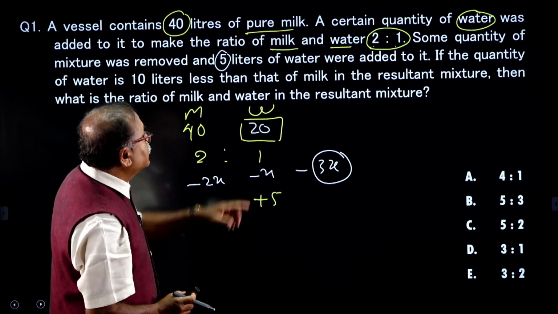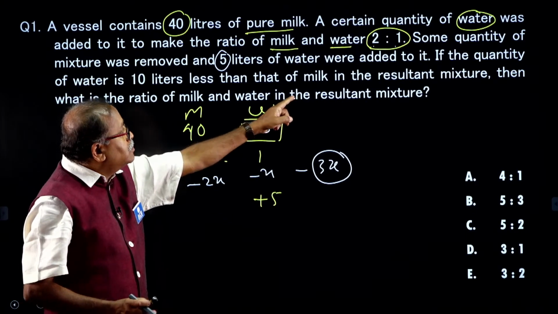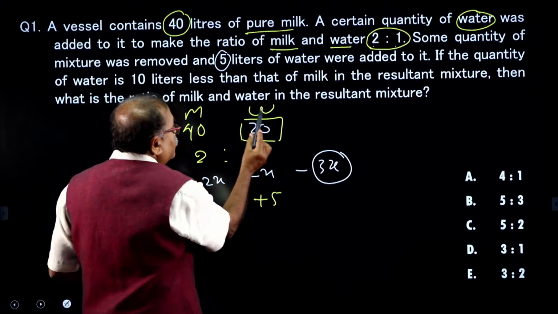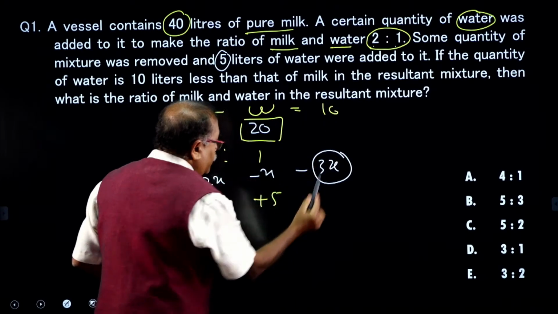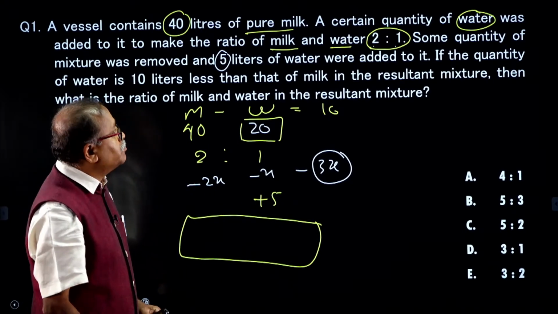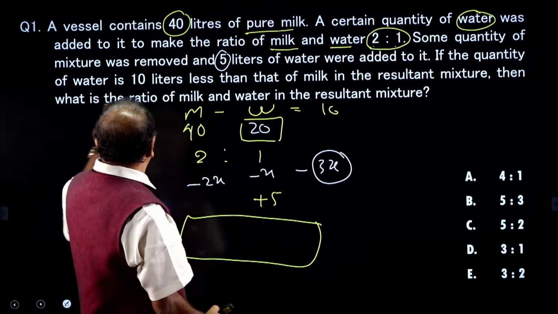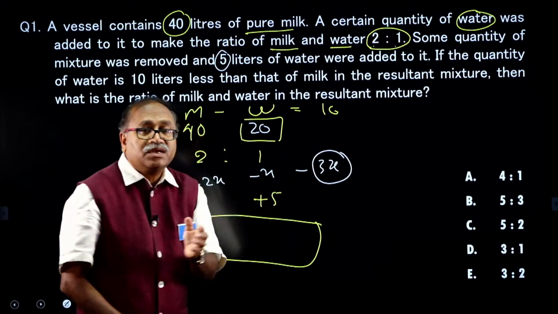Question is clear? The water is 10 liters less than the milk in the final quantity. Then what is the ratio of the milk to water in the resultant mixture?